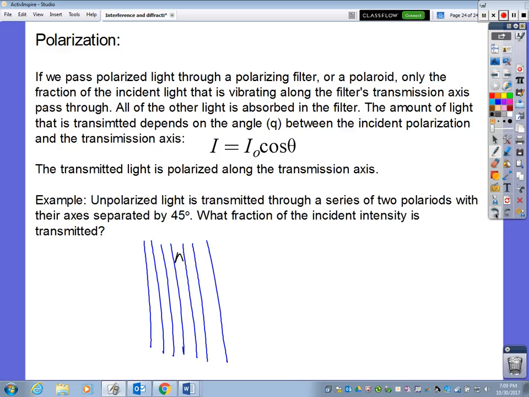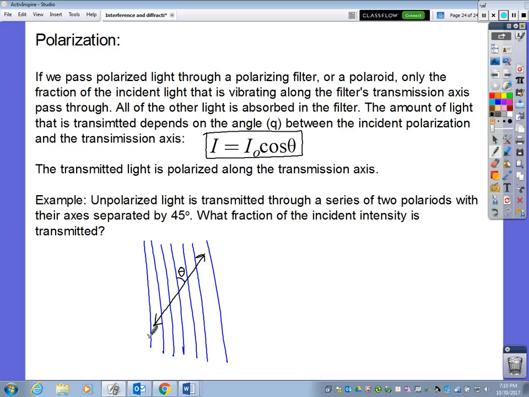If you have light that's perpendicular, none of that gets transmitted. If you have light that's at an angle, part of that's going to be transmitted, and it depends on the angle. I'll call that theta. So the intensity that gets transmitted is equal to the incident intensity, that's of polarized light, times cosine of the angle between the polarization axis and the light.